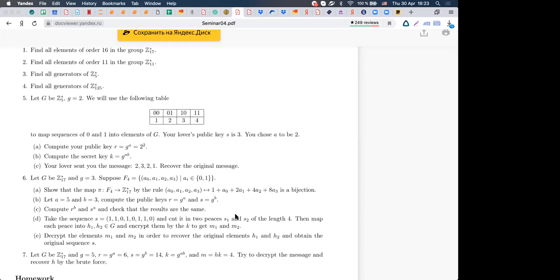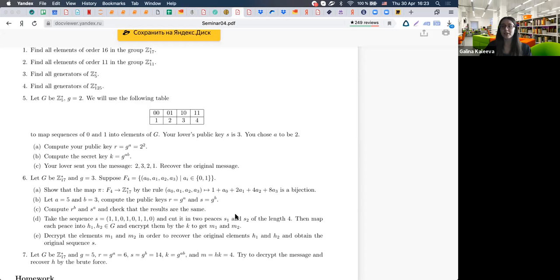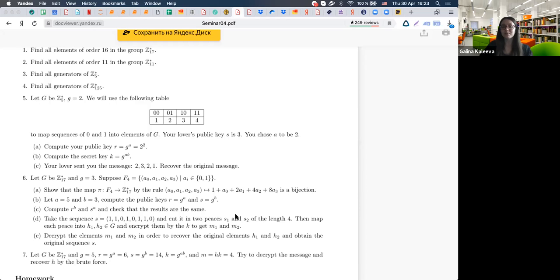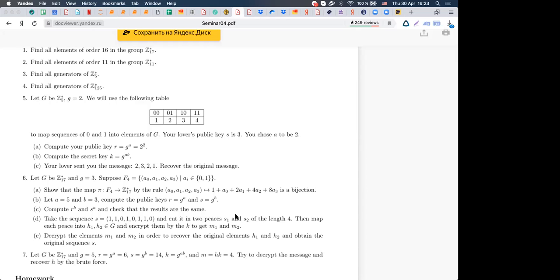Because actually F4 is not a group, it's merely a set, and the map is a bijection but not an isomorphism. Oh, okay, got it. It's only a map of sets, so we don't think about preserving the operation, because there is no operation yet in F4. So it's a bijection. Yeah, it is clear.